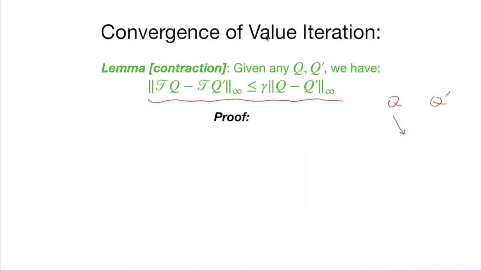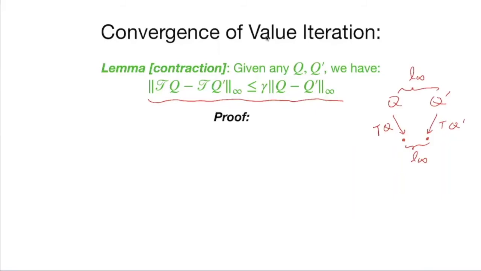And if we apply T on both of them, our hope is that the difference between the outputs, measured in L infinity norm, and the difference between the two inputs, again measured in the L infinity norm, satisfies something expressed in this picture: the distance between the two outputs actually gets smaller.